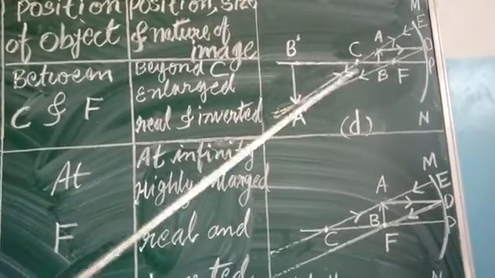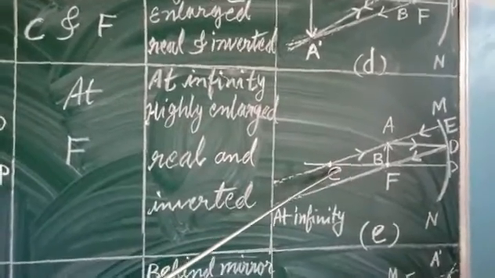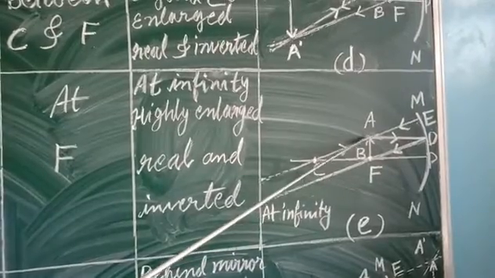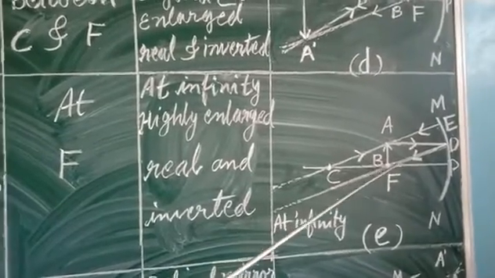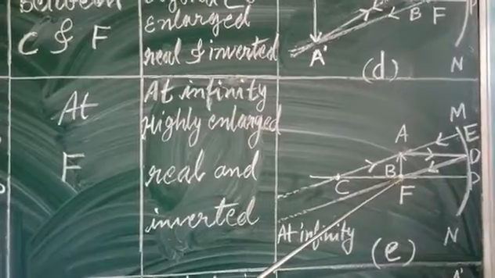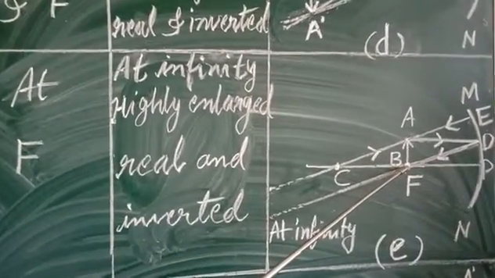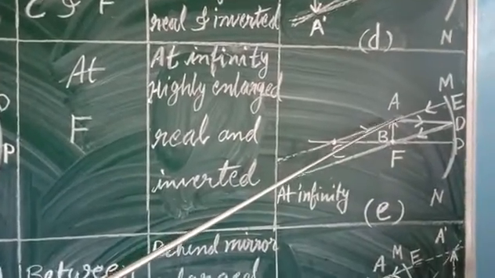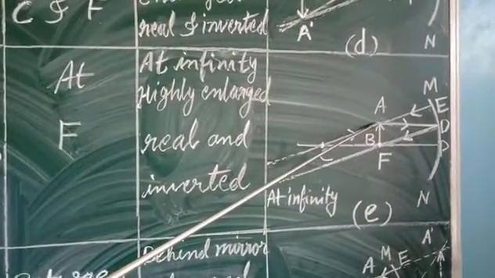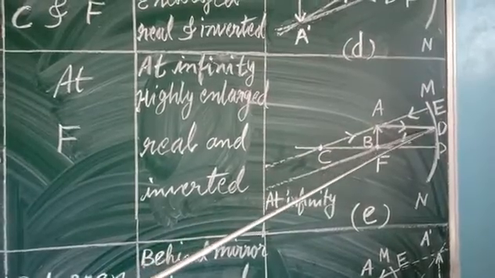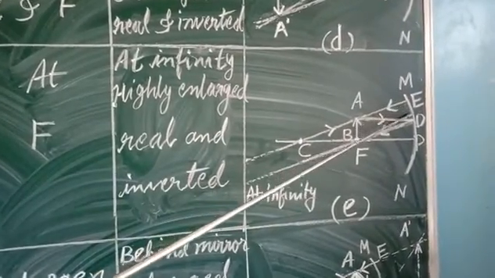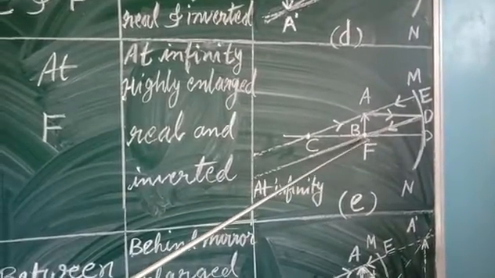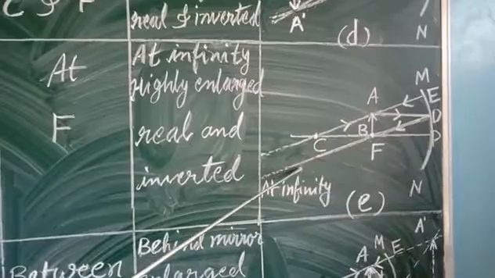Okay, fine. Now let us see the next diagram. When we place the object, this is the object AB, on the principal focus, what will happen? Here also a ray of light passes through the top point of the object and strikes the surface of the concave mirror, and after reflection it passes through the principal focus.